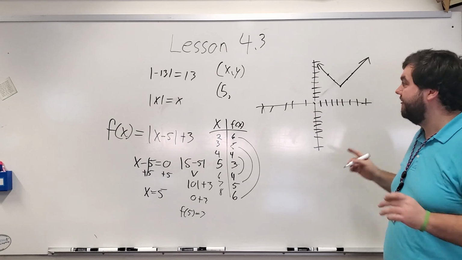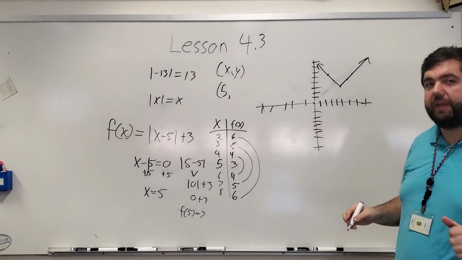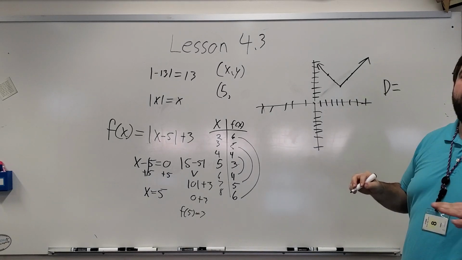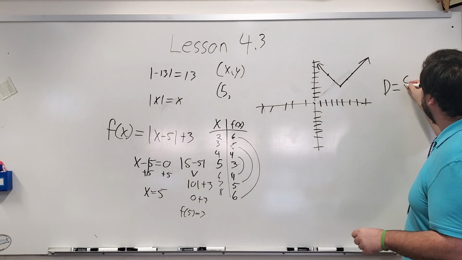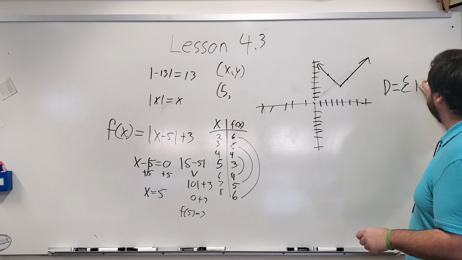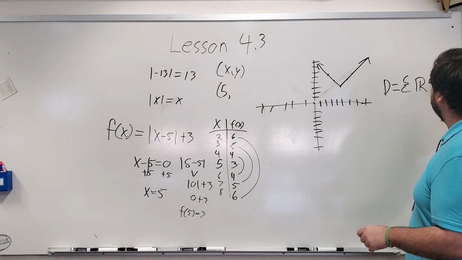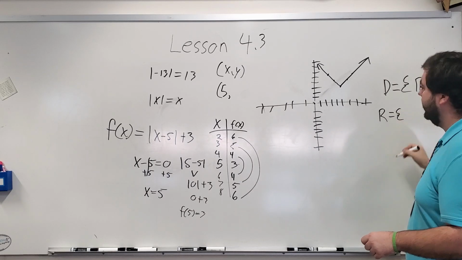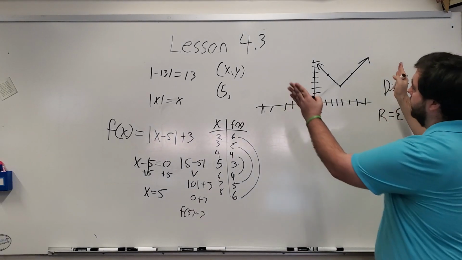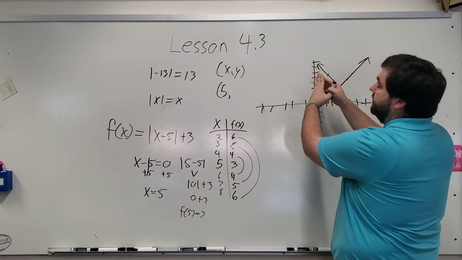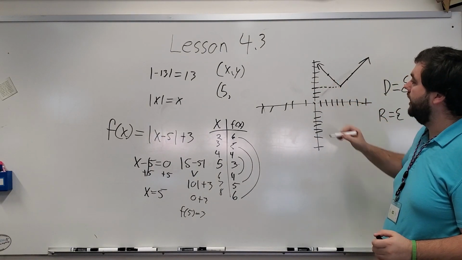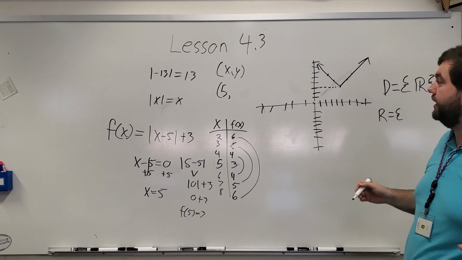Okay? Then I need to ask myself, what is my domain and what is my range? So my domain is going to be all real numbers. No matter what I plug in for x, I'm going to get something out. Finally, what is my range? Well, if we were to take this and squish it up against the y-axis, we can see that the first point I would come to is 3.